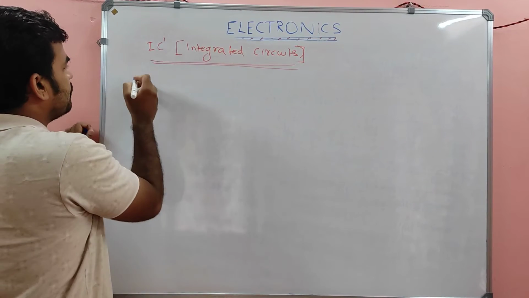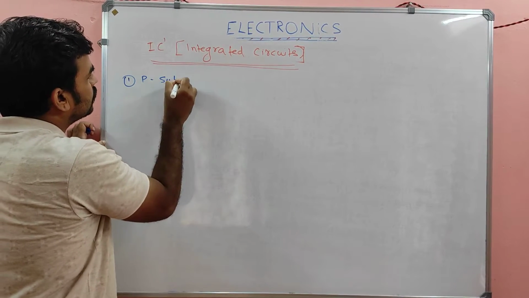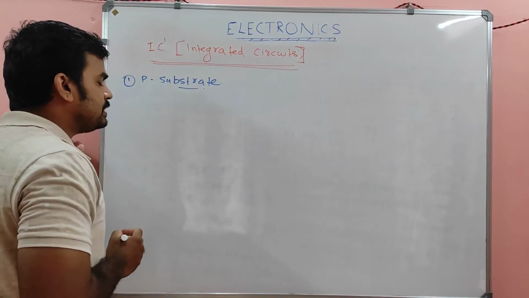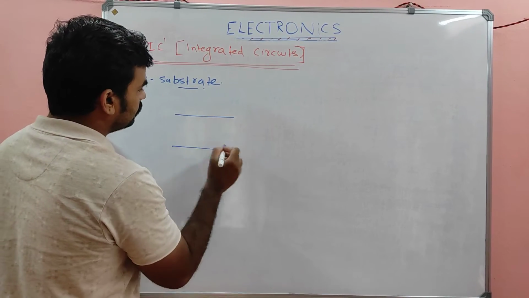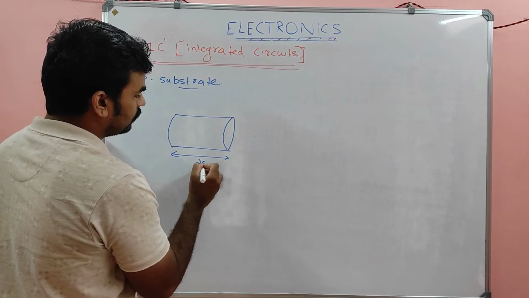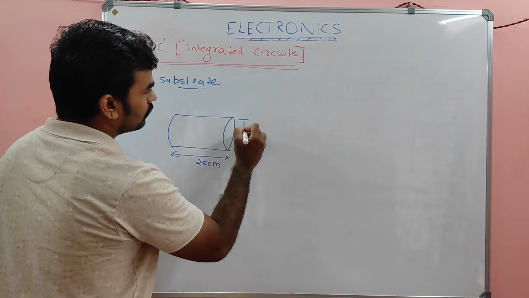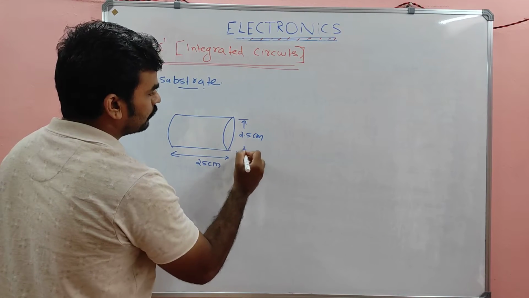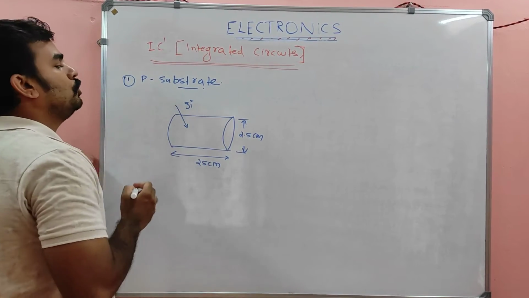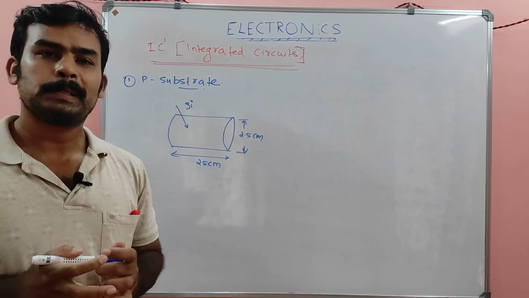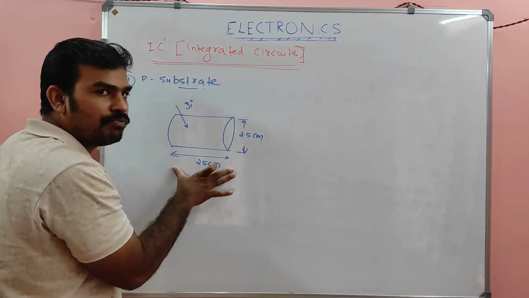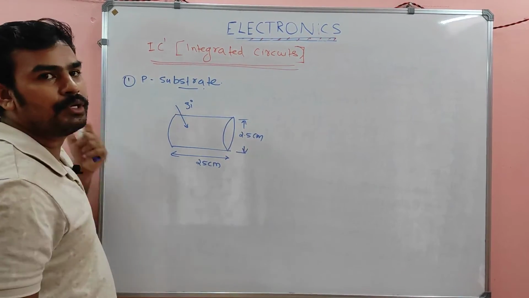The first step is the P substrate. You have to take a P-type silicon and allow it to grow to 25 centimeter of length and 2.5 centimeter of diameter.